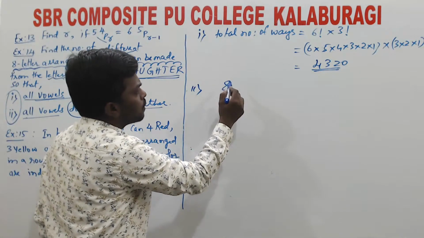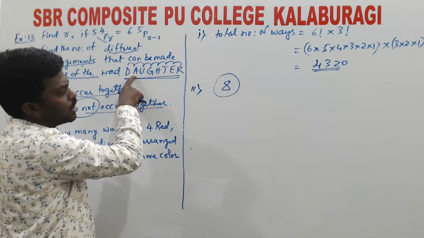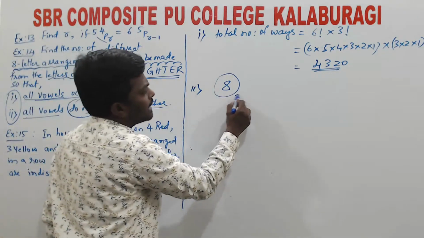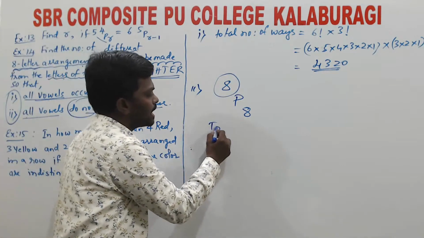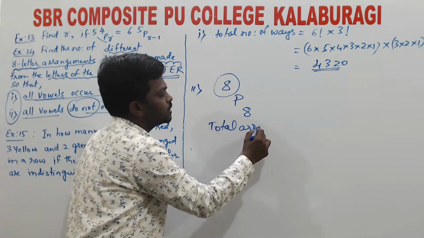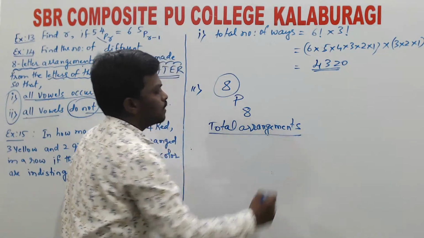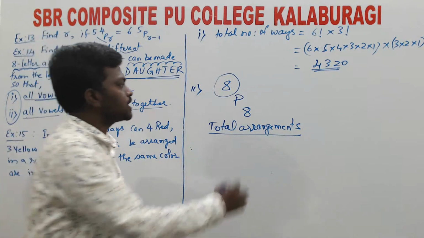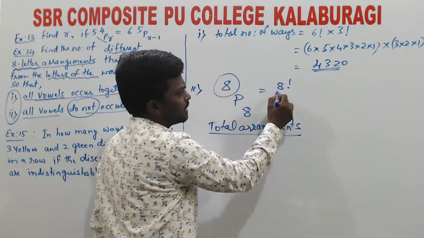Yes, students. Eight letters are present in the word daughter, so it has to be arranged among 8. This is nothing but our total arrangements without any condition. So what is 8P8? When you simplify, you'll get the correct answer.